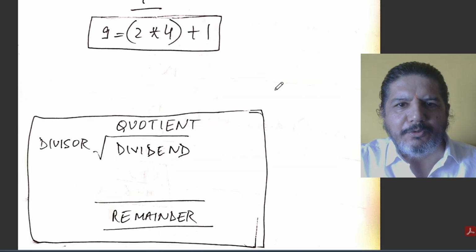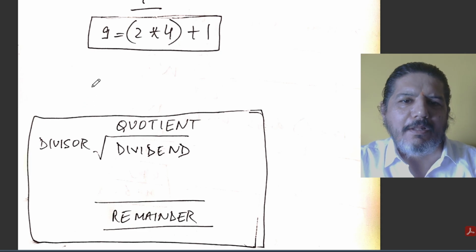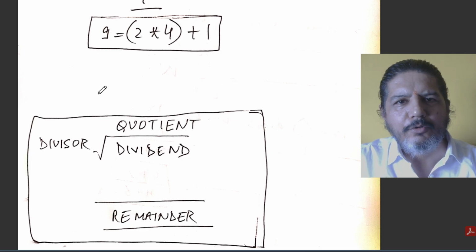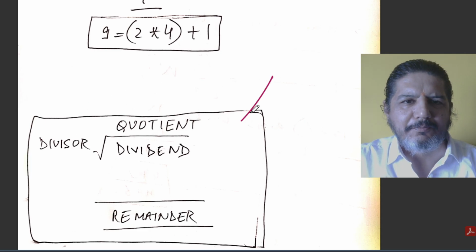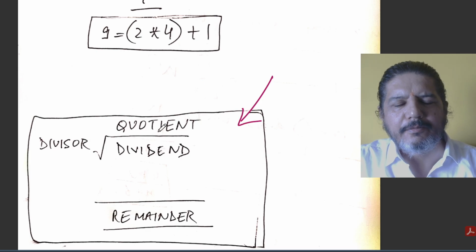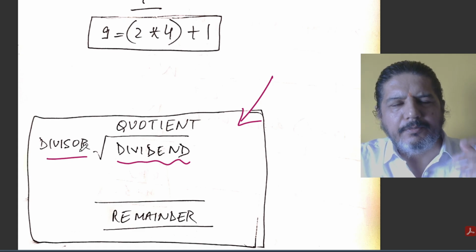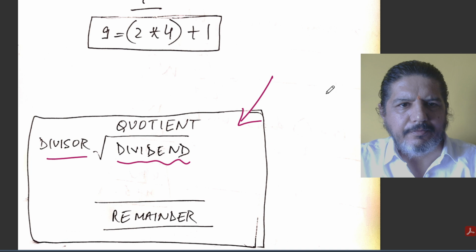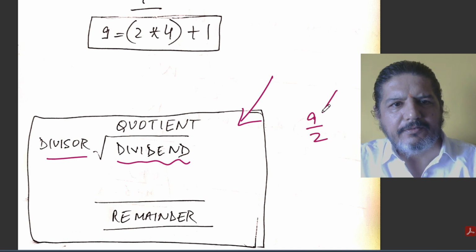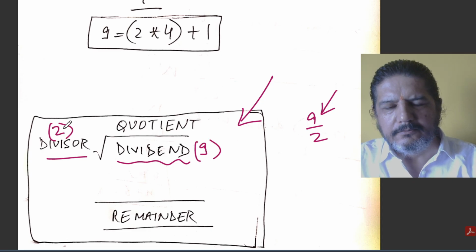Many of you would know this from lower classes. Few of you would have forgotten, but let's review these again. The number which is being divided is called the dividend, and this is being divided by a number. So for example, when we write something like 9 upon 2, 9 is the dividend, and 2 is the divisor.